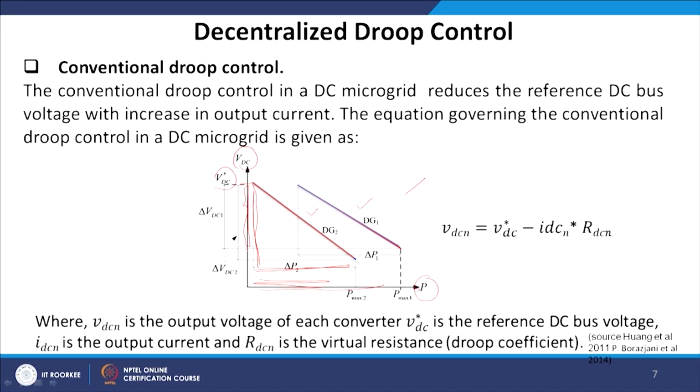Now, this is basically with respect to my converter, where VDN is the output voltage of each converter, VDC star is the reference DC voltage, IDCN is the output current, and RDCN is the virtual resistance or the droop coefficient. Now, what is the major drawback in droop control?